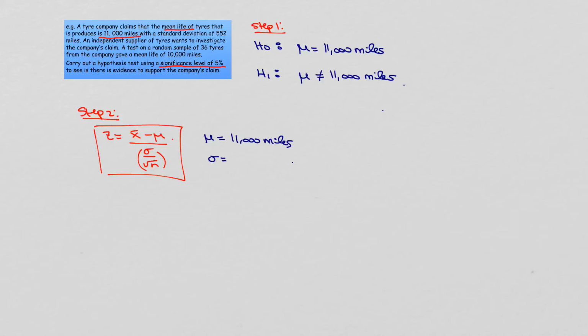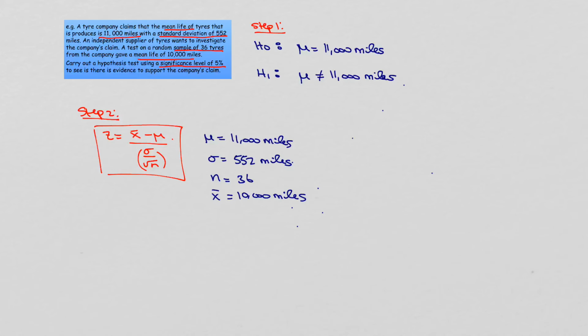Our standard deviation, if we go to the question, is 552 miles. Our sample size is a random sample of 36 tyres. And our sample mean, it says the mean life from the sample was 10,000 miles.